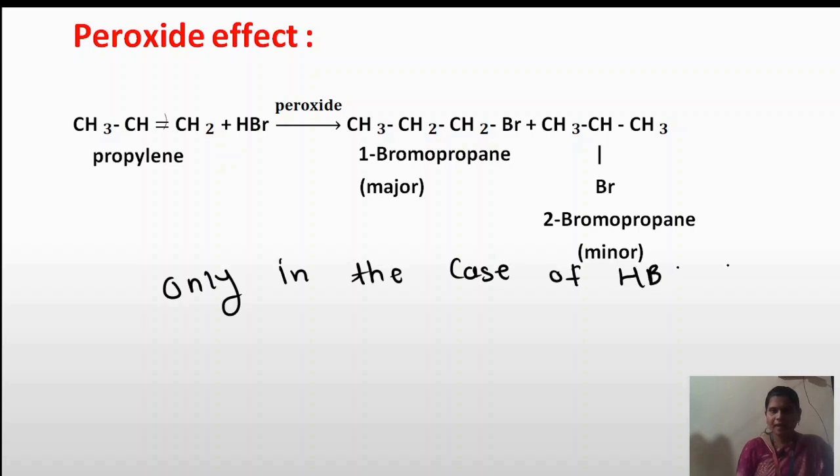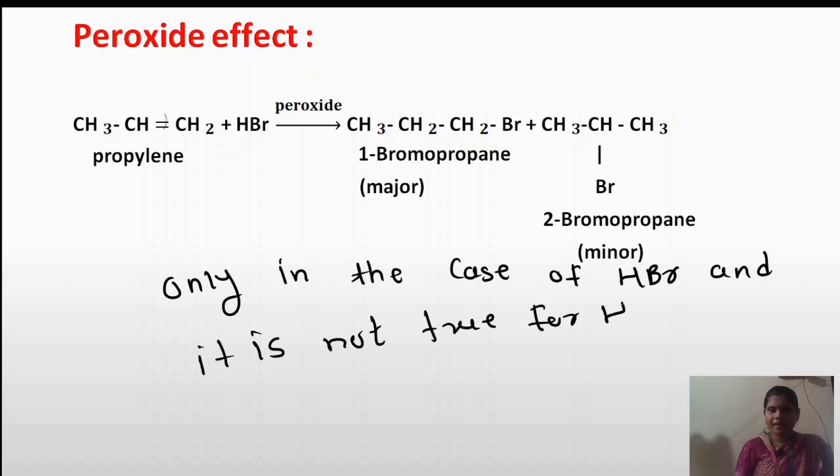Now this peroxide effect is observed only in the case of HBr, and it is not true for HCl and HI, because this peroxide effect takes place according to the free radical reaction, and in this reaction the bond energy of HI or HCl is not sufficient to make a free radical.